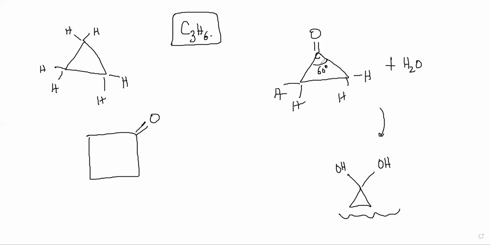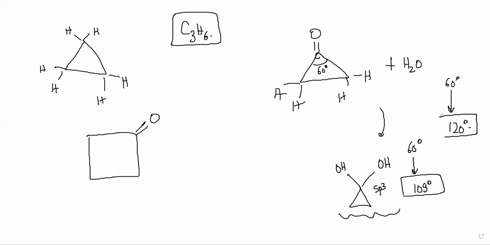So if you happen to go to a state where you're sp3, you are going to have an ideal angle of 109, right? So because of this, the strain is going to be reduced, right? 60 degrees to 109 is not as big a strain as compared to this. The ideal angle is 120 and you are at 60, right? So actually it favors this because of steric effects.